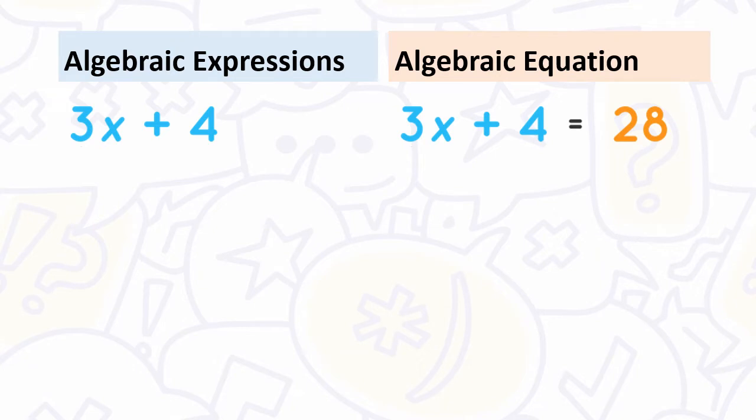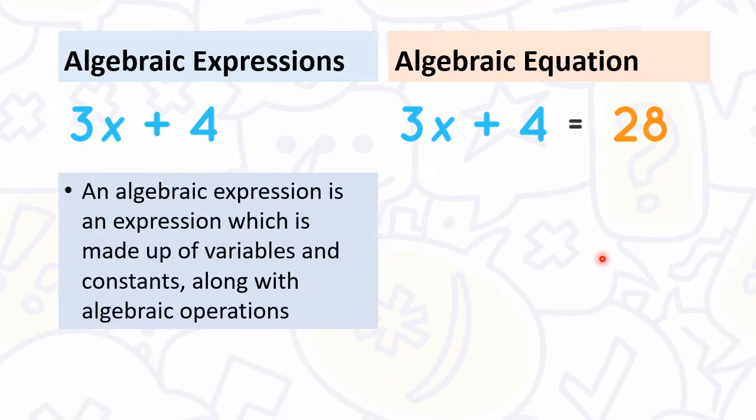What's the difference between the two? As you can see, isa 3x plus 4, isa 3x plus 4 equals 28. Anong pinagkaiba nila? Yes, sa expression, walang equal sign, walang equation. Sa equation, syempre from the word equation, we have an equal sign. So let's define that. Expression is made up of variables and constant along with algebraic operation.